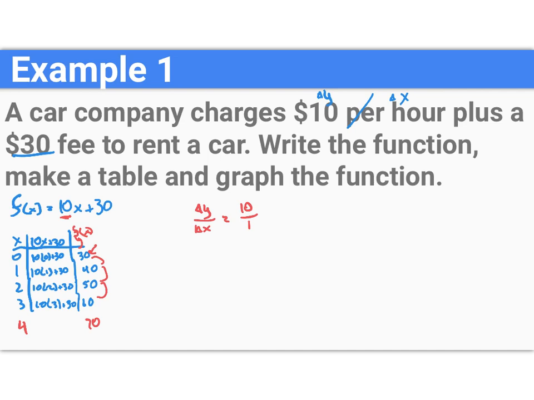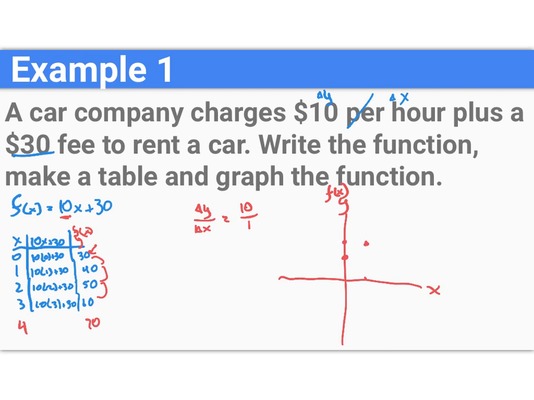So now let's pick up with a graph. So if we had to graph this, we just take a look at our points. X, y, or f of x. Okay, so at 0, we're at 30. I'm going to call that 30. I don't have any numbers or any lines on this graph, so I'm going to improvise. At 1, we're at 40.